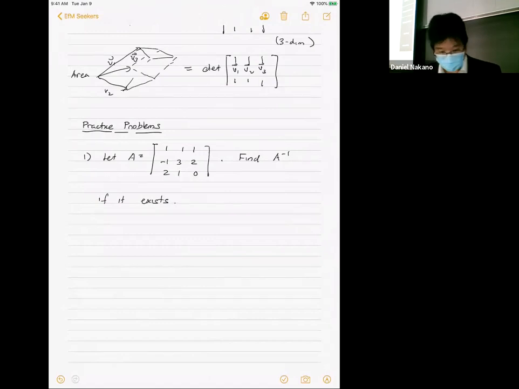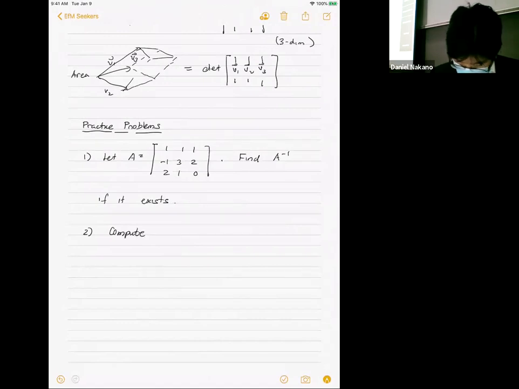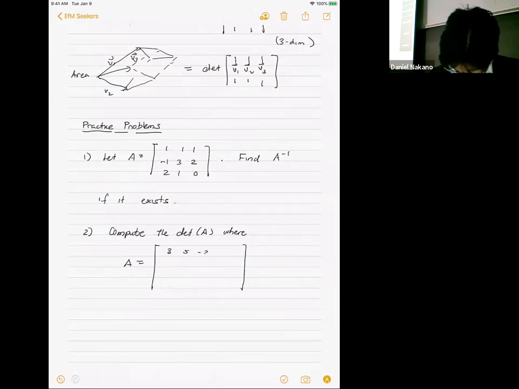Okay, good. And 2, I challenge you to compute the determinant of A, where A is equal to the following matrix. 3, 5, minus 2, 6, 1, 2, minus 1, 1, 2, 4, 1, 5, and 3, 7, 5, 3.